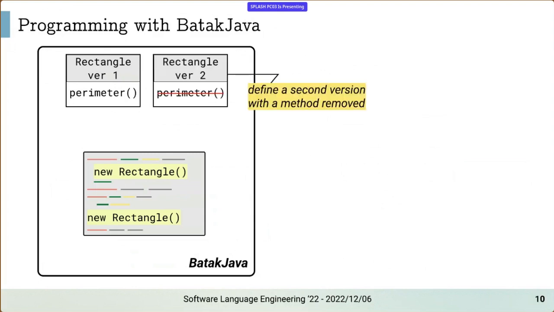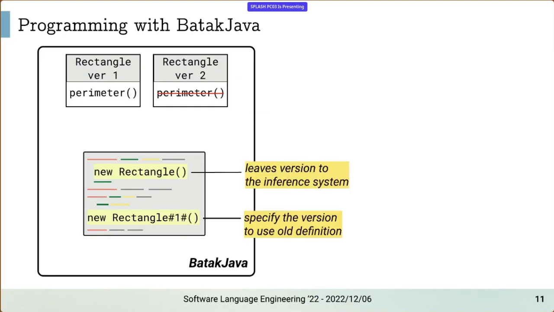Then let's say that class rectangle is updated by removing its method. Now we have two different class rectangles, and we can still access both of these classes at the same time and use them in our program. There are two ways to create instances for these classes.